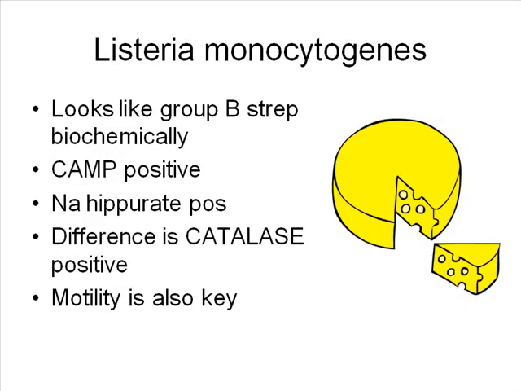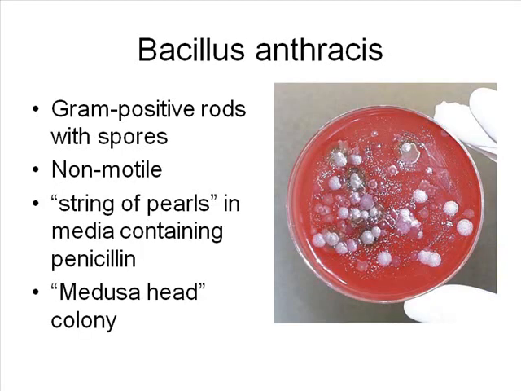All right, so if it looks like group B, remember CAMP test positive, sodium hippurate positive, catalase positive should lead you to Listeria monocytogenes.